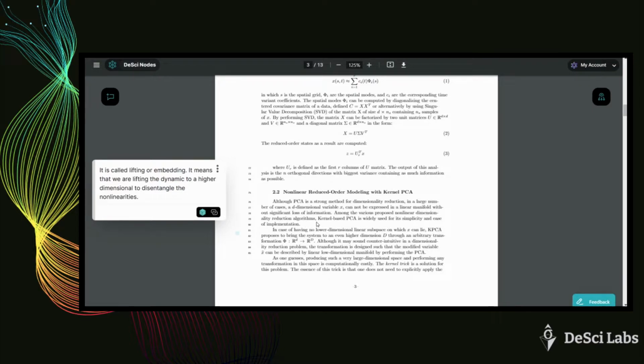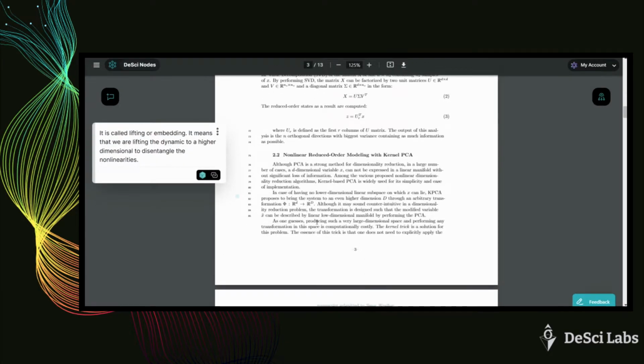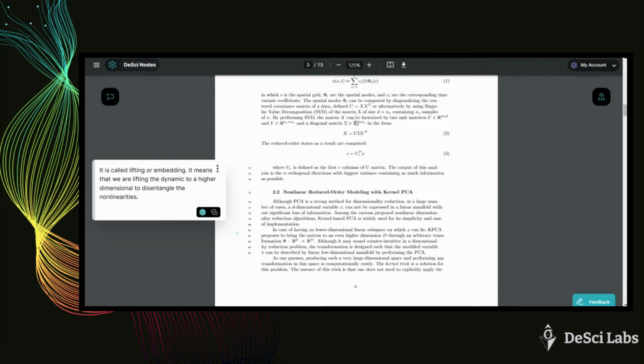But the difference is that now we are getting rid of any nonlinearity in the system. And then we perform the same analysis that I discussed here, the singular value decomposition, on the new matrix, which is mapped by this nonlinearity.